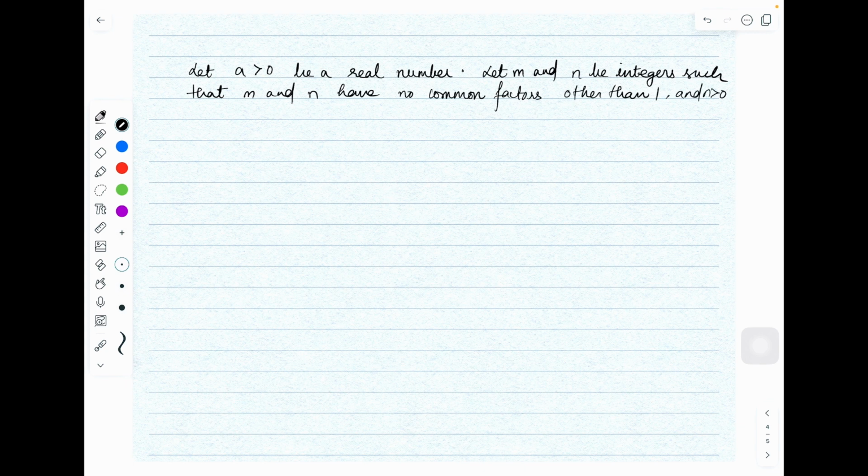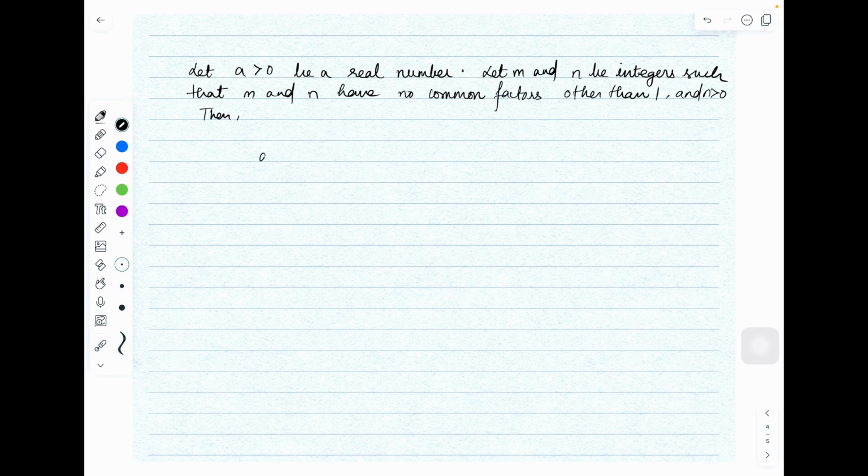Then a is greater than 0, and m and n are integers such that m and n have no common factors and n is greater than 0. You have to have m and n with no common factors.